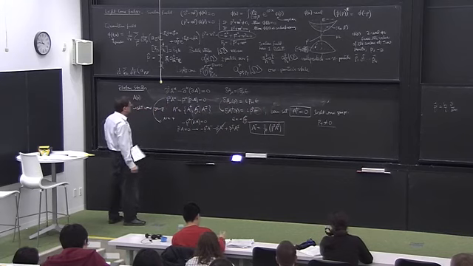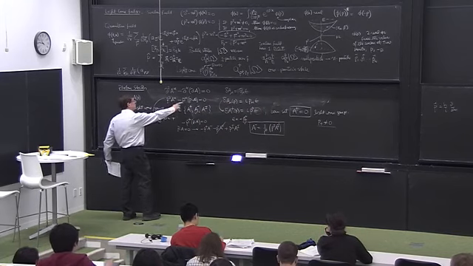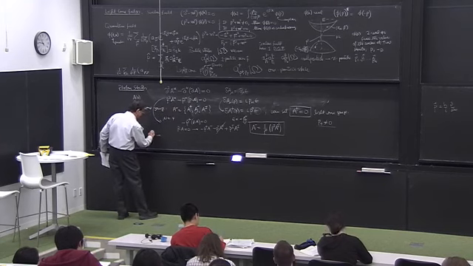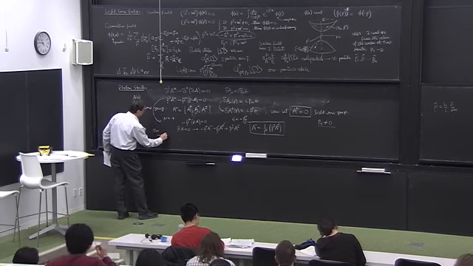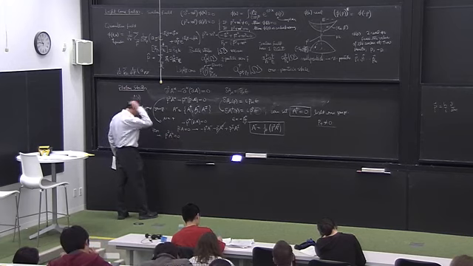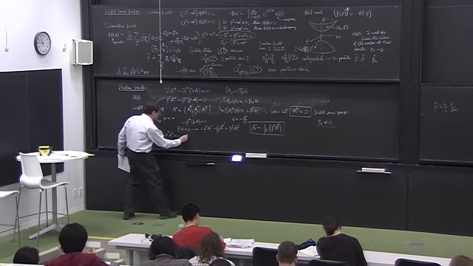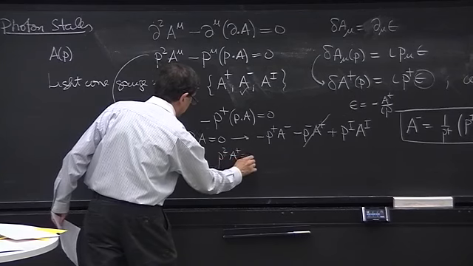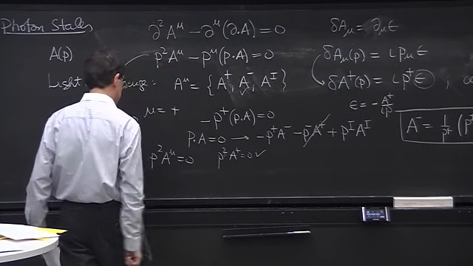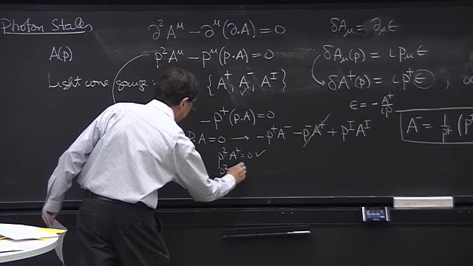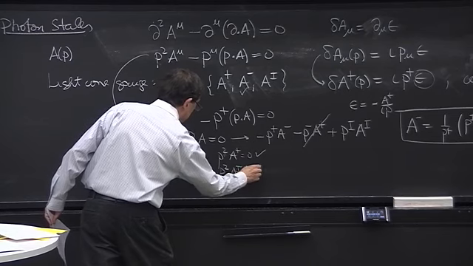So at this moment, we go back to the equation of motion again. We have P dot A equals 0. So the whole equation of motion has become P squared A mu equals 0, which says that P squared A plus is equal to 0, which we knew because A plus is equal to 0, and that P squared A I of P is equal to 0.